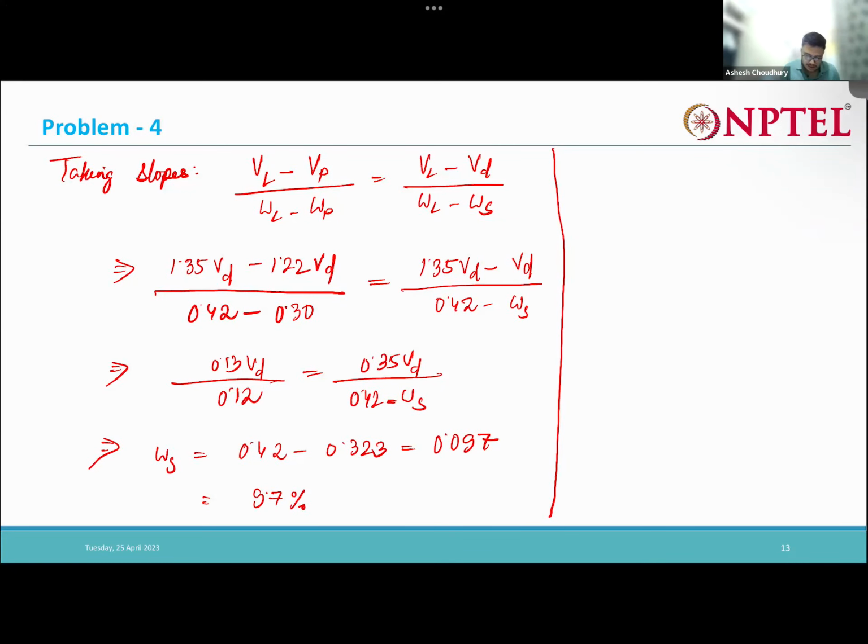So the next task is to determine the shrinkage ratio.